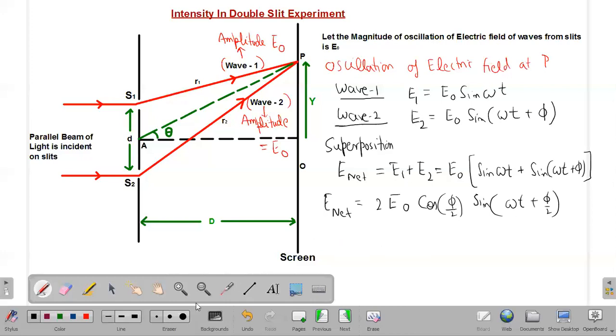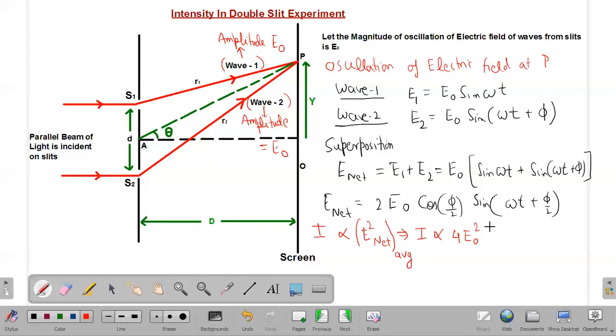Now we all know that the intensity of a wave is proportional to the square of the electric field. It means the resultant intensity will be proportional to this 4 E naught square. In fact, the intensity is proportional to the average value of the square of the electric field.